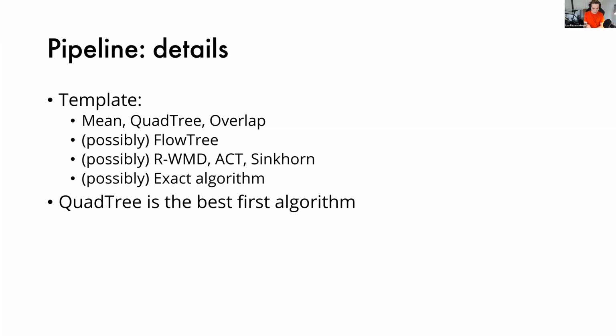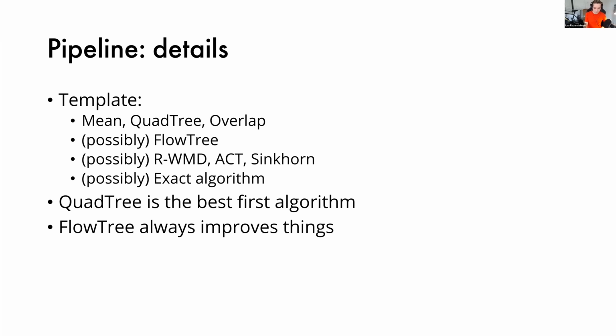And actually, our experiments show pretty convincingly that QuadTree is the best first algorithm. So basically, doing the QuadTree embedding and then computing L1 distances between feature vectors works the best as a first step. It's much better than mean or other baselines. And again, we noticed that FlowTree always improves things.